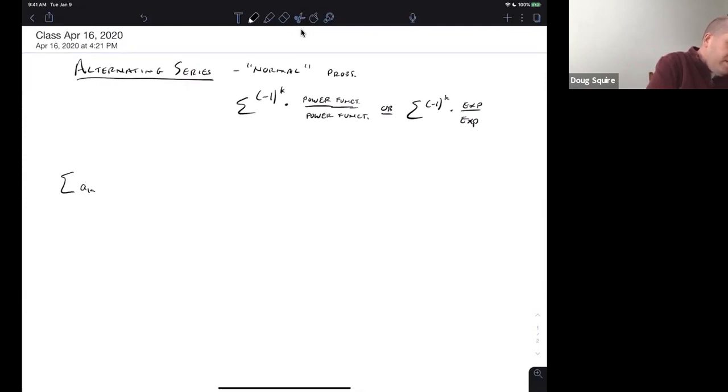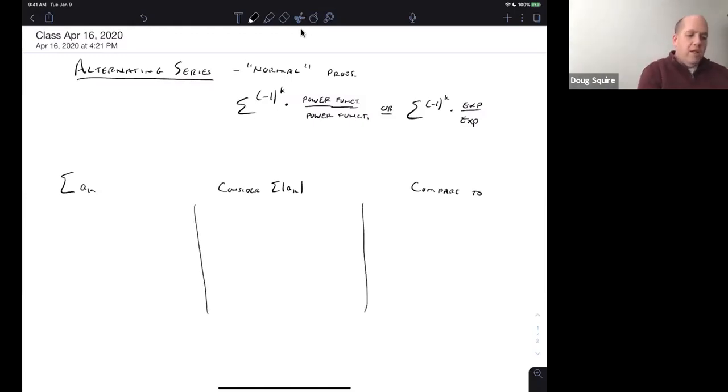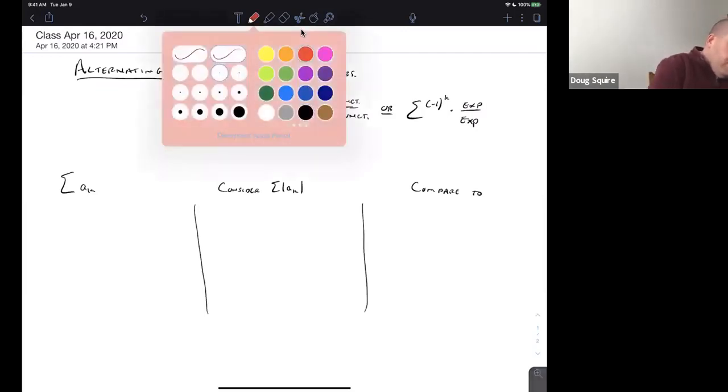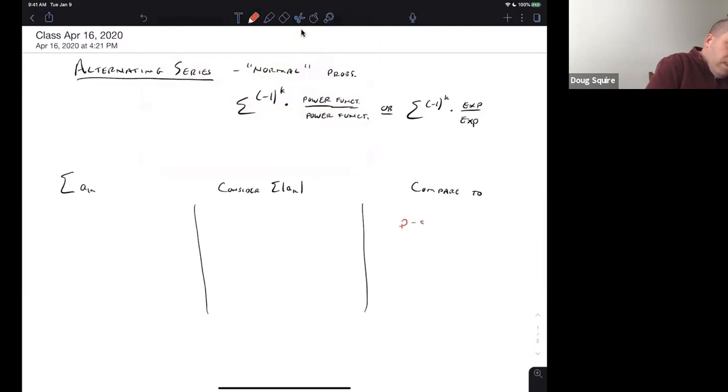We're going to consider the absolute value of a_k, and then you compare that to something else that's easier. If you have a power function over a power function, then the one on the right is going to be a p-series. Or if it's exponential over exponential, it's going to be geometric.